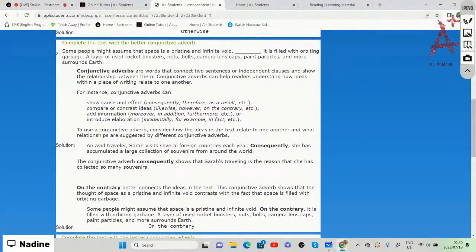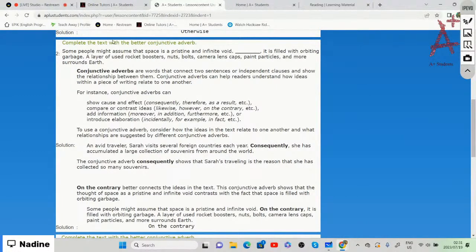We need to choose the correct conjunctive adverb. Blank, it is filled with orbiting garbage.